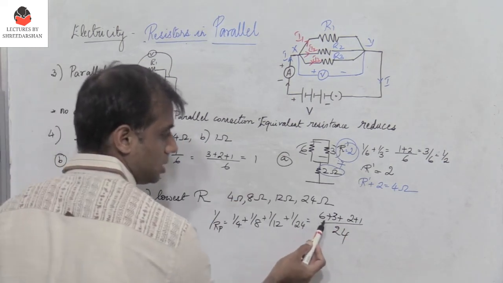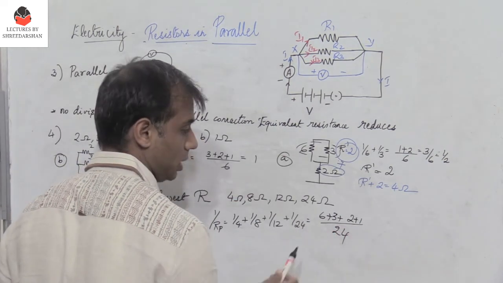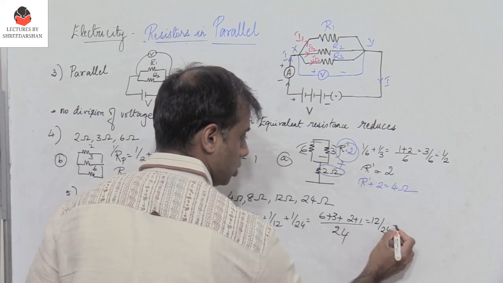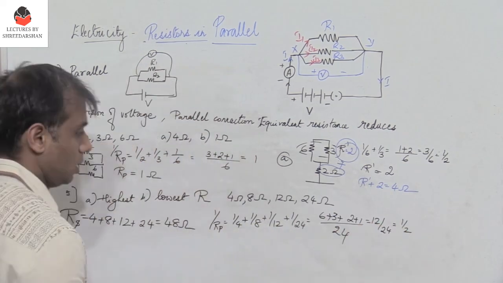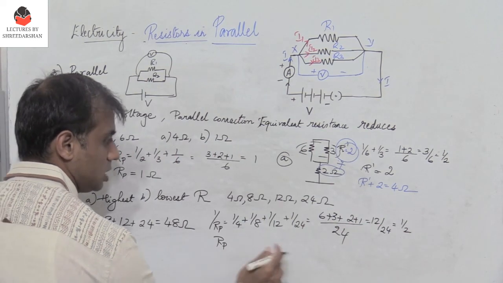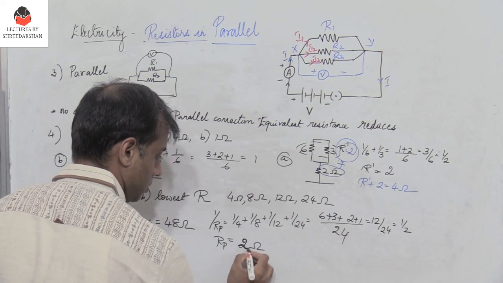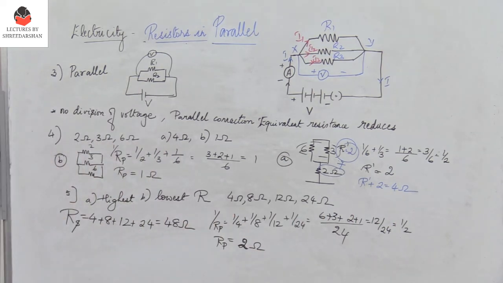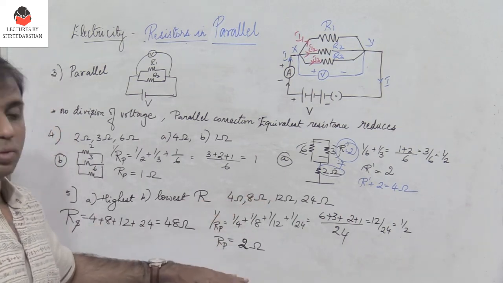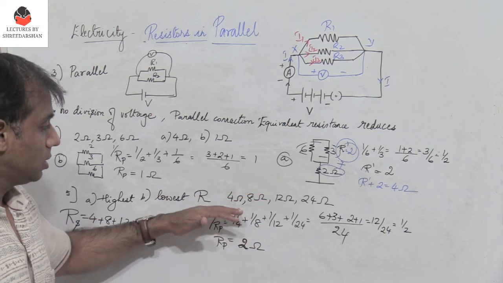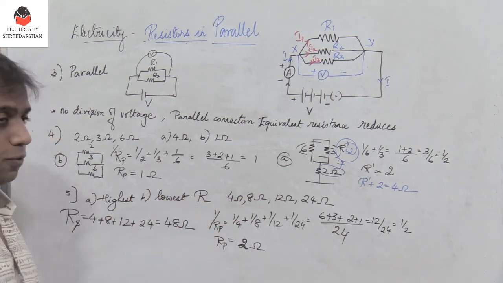So add them. 6 plus 3 plus 2 plus 1: 9, 10, 11, 12. So I get 12 by 24, which is 1 by 2. So what is Rp? Reciprocal of 1 by 2, which is 2 ohms. So you observe that if all these 4 resistors are connected in parallel, the equivalent resistance is 2 ohms, so it is lower than the smallest resistance, which happens to be 4 ohms.